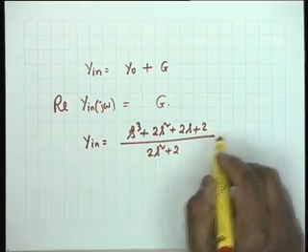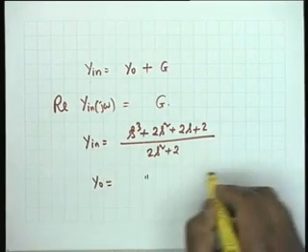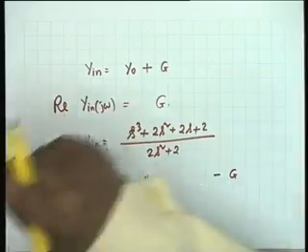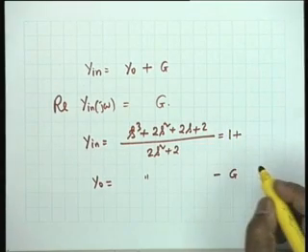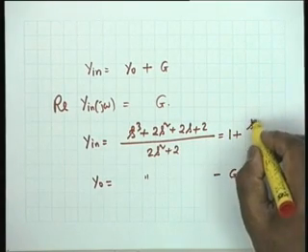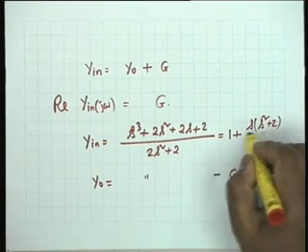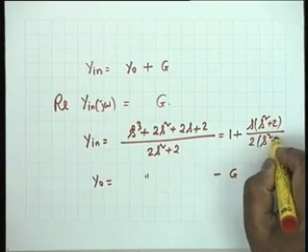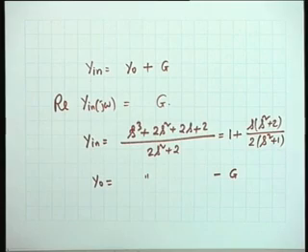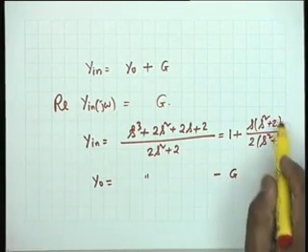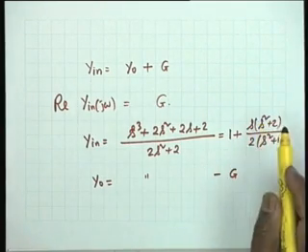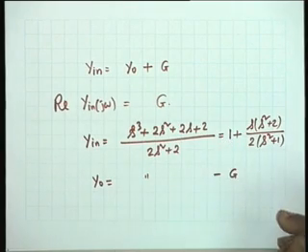For y0, it is this minus G, and you have to find the value of G such that y0 is LC. It is obvious from here that if you subtract 1 from here, then you get s into s square plus 2 divided by 2 s square plus 1. Is this obvious? And this is LC. Okay, this is an LC admittance, and therefore G must be equal to 1 or R is equal to 1.